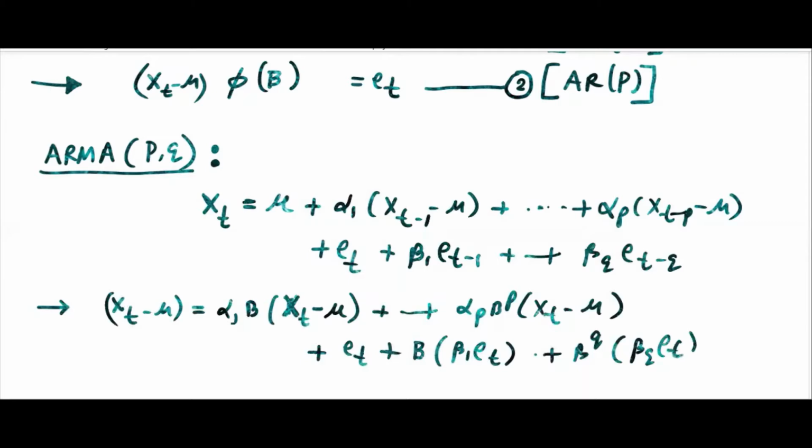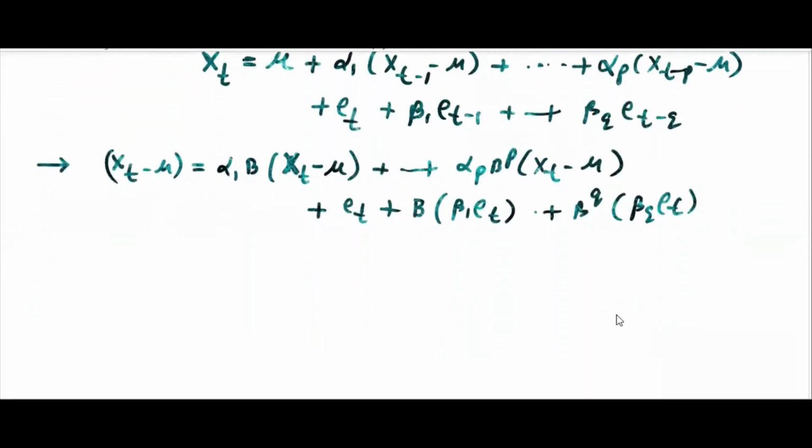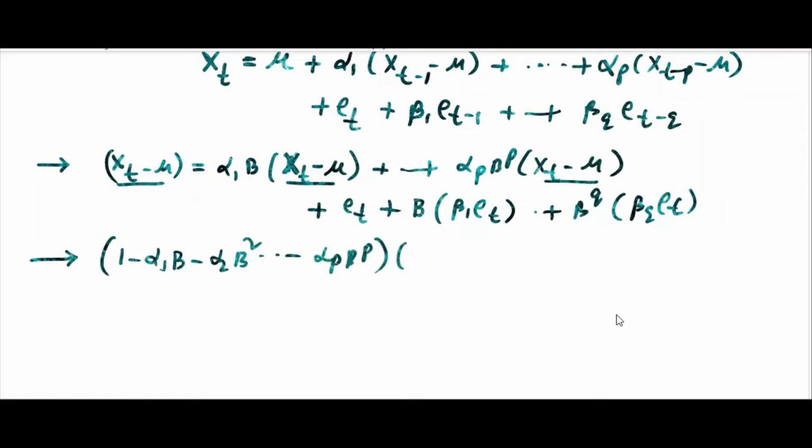That's all. e_t will remain the same. If you take X_t minus mu common and take everything to this side, you get 1 minus alpha 1 B minus alpha 2 B squared minus alpha p B^p. On the left hand side you write X_t minus mu, and on the right hand side you write this.